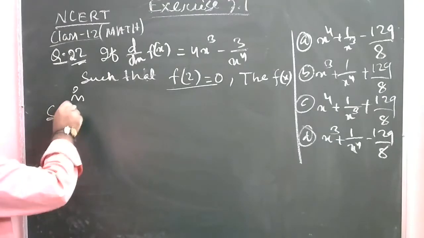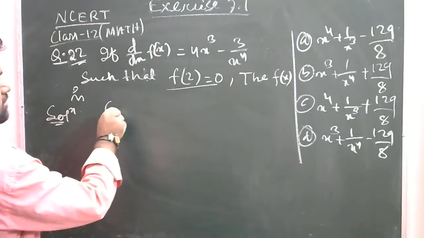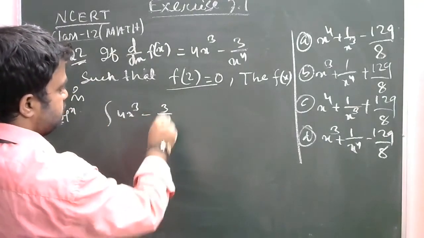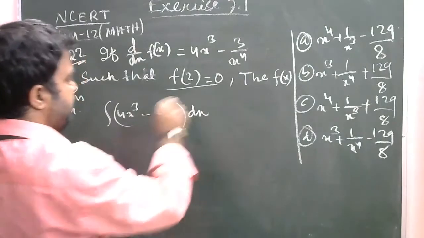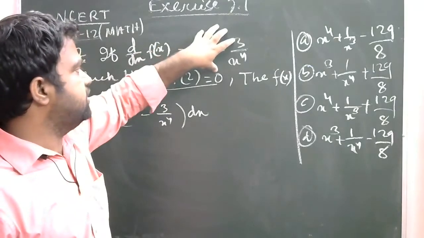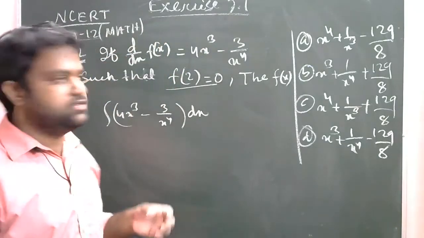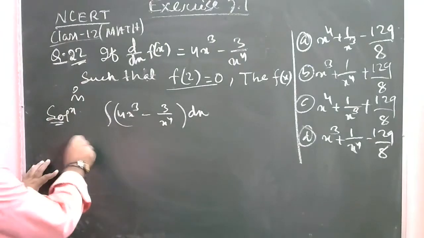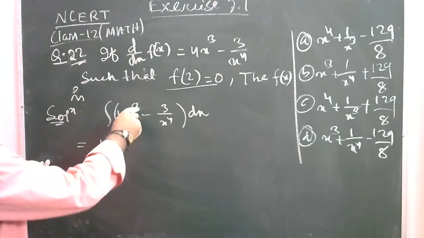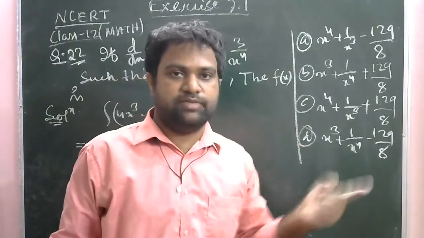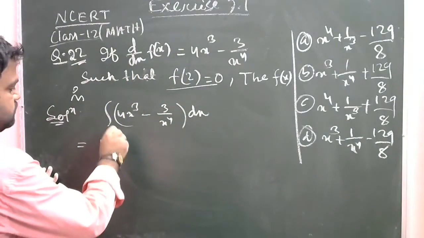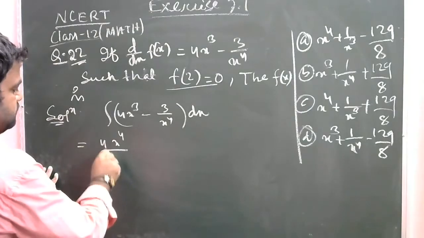So we'll find the integration of 4x³ minus 3x⁻⁴ dx. Why am I doing integration? Because the derivative of this function is given. So once I find the integration, then only I can find out f of x. So what shall I do? 4x³ dx: integration of x to the power 3 is x to the power 3 plus 1 by 3 plus 1, the n plus 1 by n plus 1 formula, right? So x to the power 4 by 4.